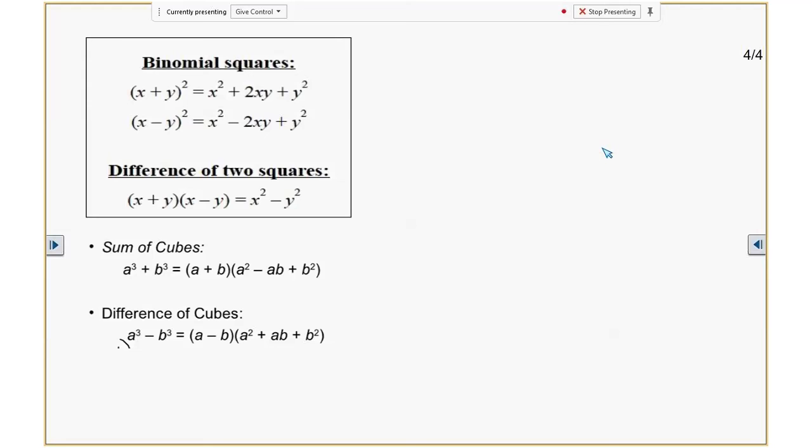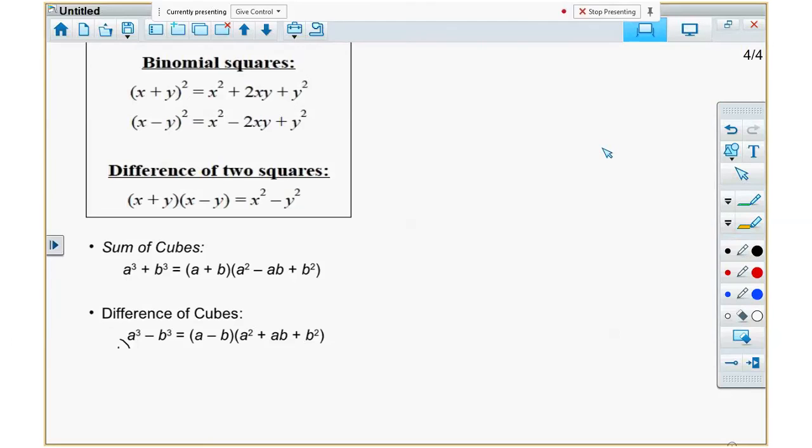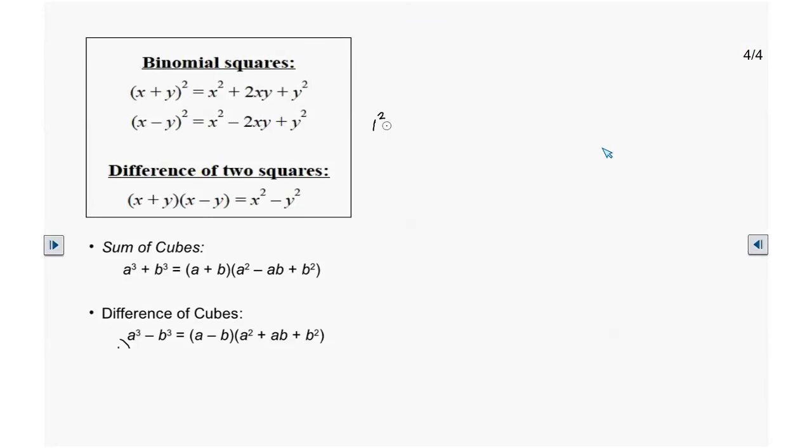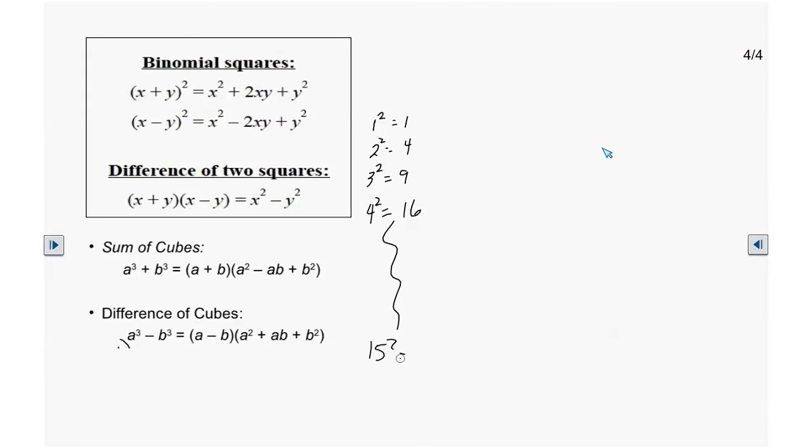Now, the shortcuts can only be used for perfect squares, and you got to know your perfect squares. For instance, know your multiplication tables. 1 squared, 2 squared, 3 squared, 4 squared, all the way down to 15 squared.